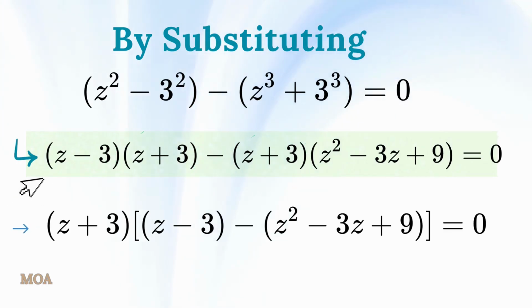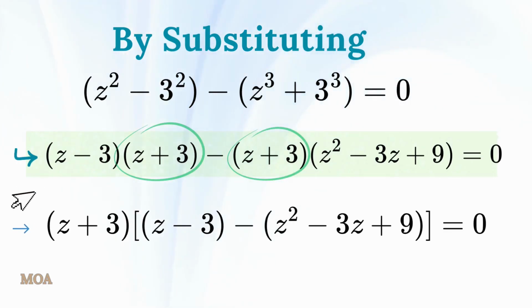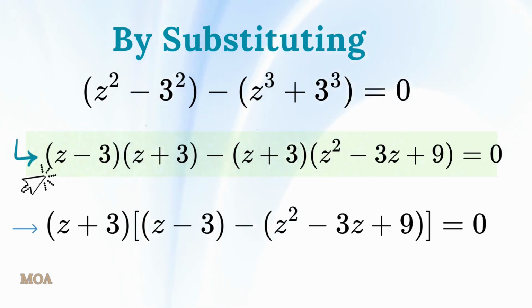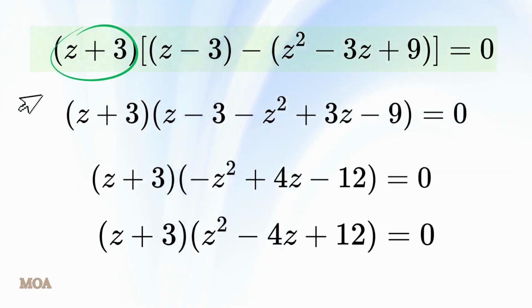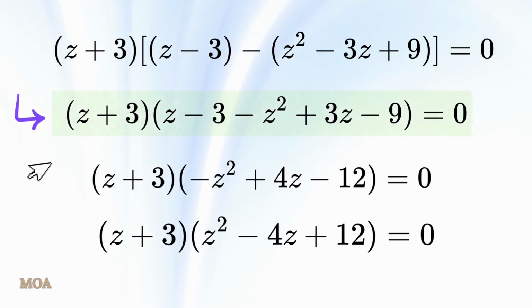Since z plus 3 is a common factor, we factor out z plus 3 from both terms. This leads to z plus 3 times, inside the brackets, z minus 3, minus the quantity z squared minus 3z plus 9, equals 0. Now, focusing inside the brackets, we simplify by combining like terms.